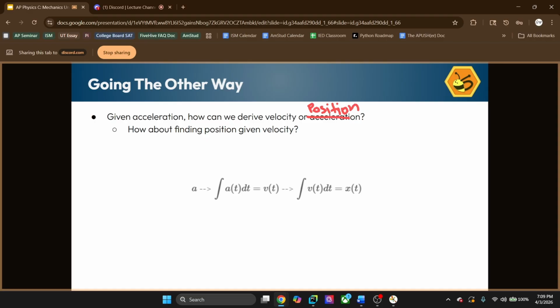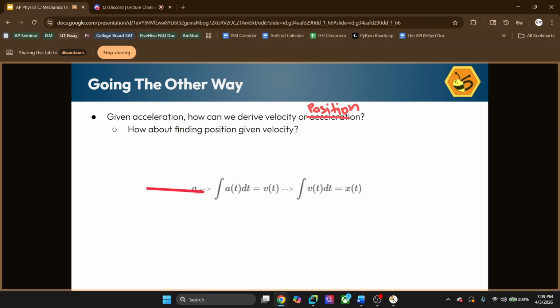It's just going backwards from a, and let's think about this, right? How do we revert a derivative? The opposite of a derivative is the integral. The opposite of an integral is the derivative. That's the fundamental theorem of calculus, if you have taken that part of calculus yet.